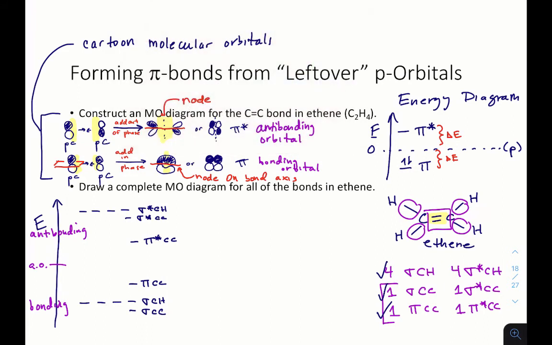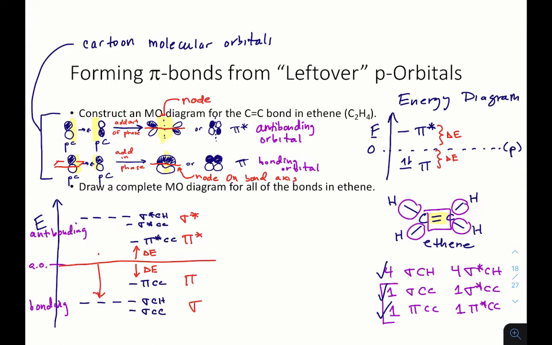So this symmetry that you see, sigma is the lowest energy, then pi star, then sigma star, results from the fact that antibonding orbitals are raised in energy the same amount as bonding orbitals are lowered in energy. We see that for both the orbitals of pi symmetry and of sigma symmetry.